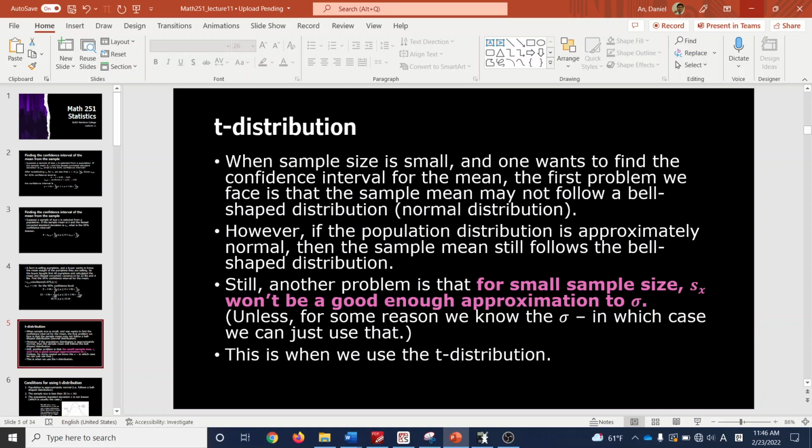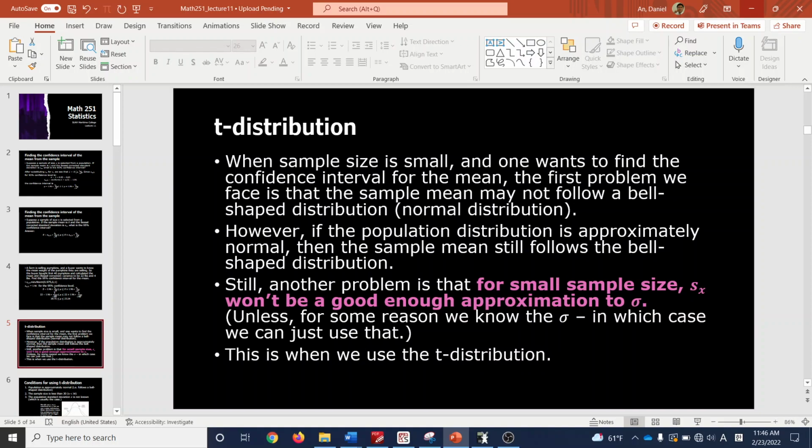Now, still, another problem that we have is that for small sample sizes, the sample standard deviation, which we denote as S sub x, won't be a good enough approximation to sigma, the population standard deviation. Unless for some reason we know the sigma, in very rare circumstances, we may have access to sigma, but that's really rare.